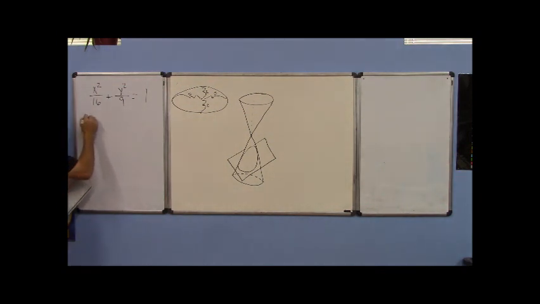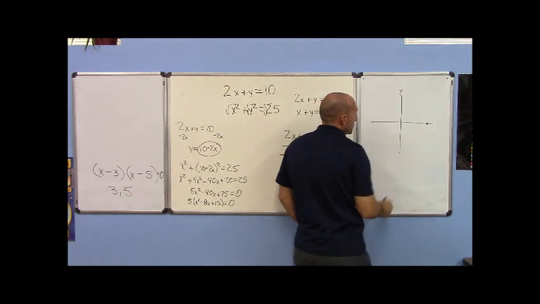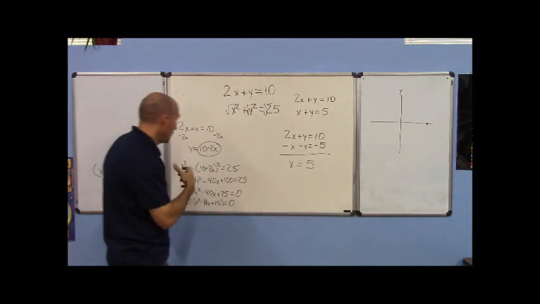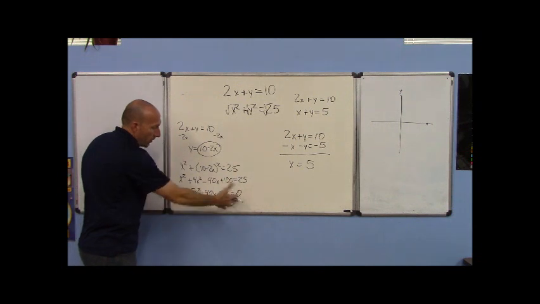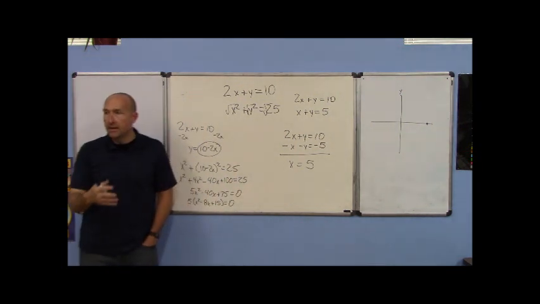So, a squared is going to equal the denominator underneath the x. B squared is going to equal the denominator under the y. At this point, that's when y equals 0, and that goes back into x equals 0 over here. That's how we're getting that information.